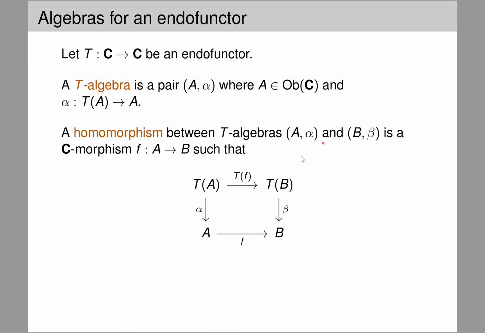And f is a homomorphism between T algebras if this diagram commutes. This is exactly what we speak of in universal algebra, just in a different language.